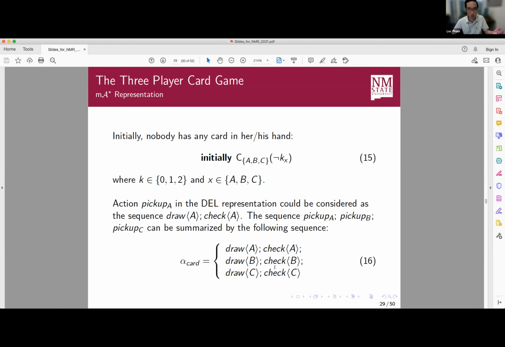And we can observe that the action pick up A in this representation can be considered as the sequence A draws a card and then A checks her card. Then the sequence A picks up a card, B picks up a card, and C picks up a card can be summarized as the sequence here.